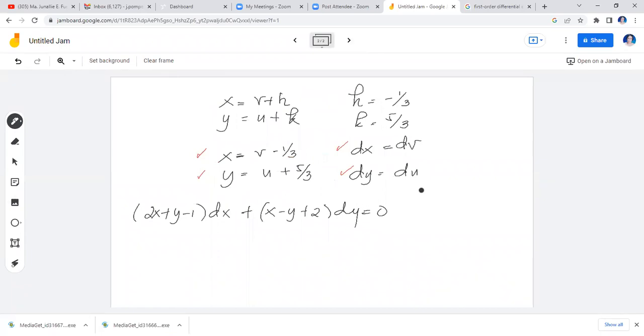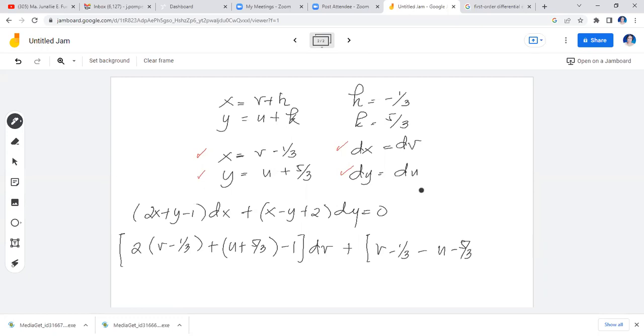So you will have 2 times (v minus 1/3) plus (u plus 5/3) minus 1. The dx will be dv, plus you'll have x again: (v minus 1/3) minus the y, which is (u plus 5/3).